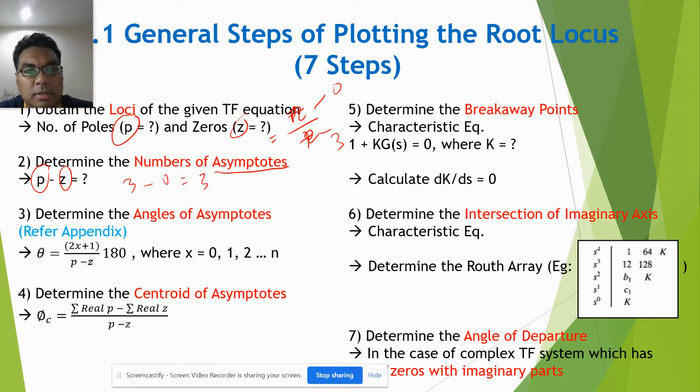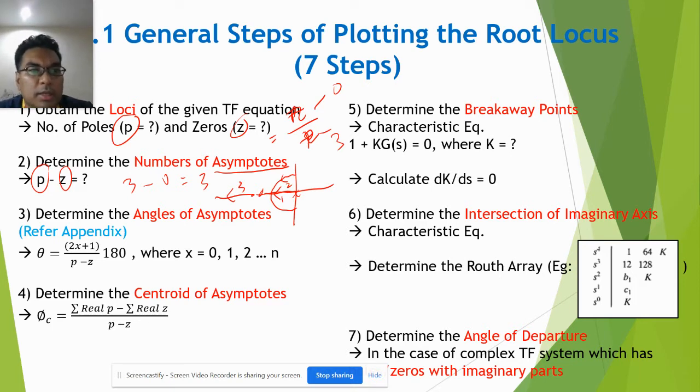Asymptotes are the projection lines in your root locus. For example, from this pole to these zeros there is one, then it can generate another line, which is the second one, and for the third one it can generate another line from here to here. So this is considered 1, 2, 3, three asymptotes.